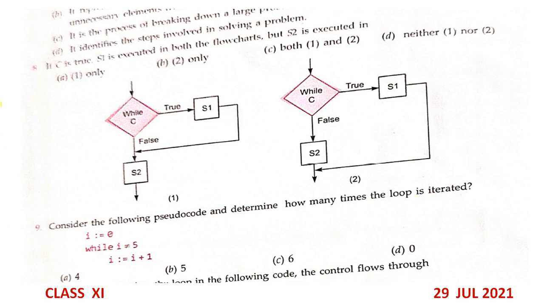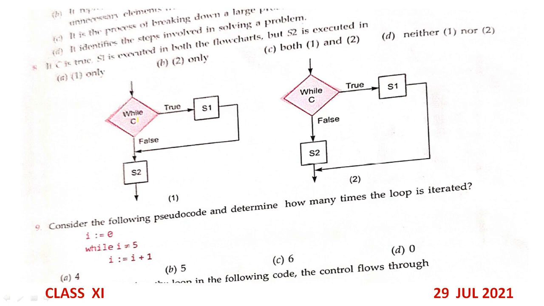Here you see, if C is true, S1 is executed in both the flow charts, but S2 is executed in dash: 1 only, 2 only, both 1 and 2, or neither 1 nor 2. Let us see what this is.